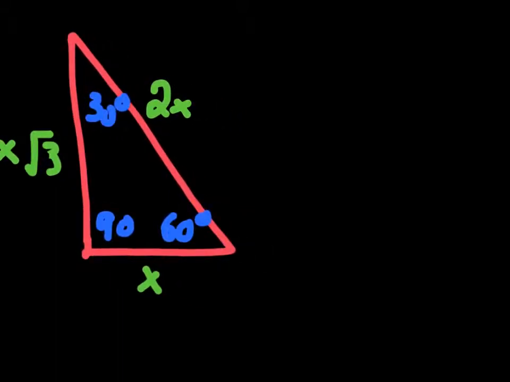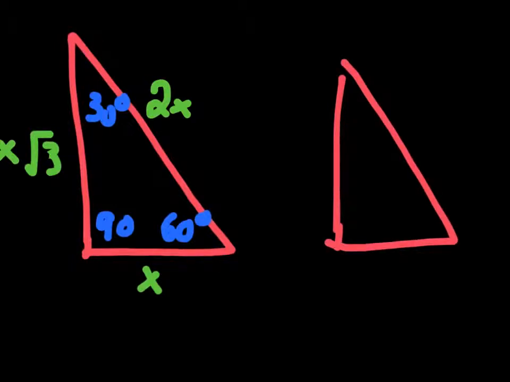So let's take an example of a triangle like this. So this is 60 degrees, this is 30 degrees, and this is 90 degrees. Let's say we're given that this is 5, and we want to find this length and this length. So we know a rule that this side corresponds to this side.